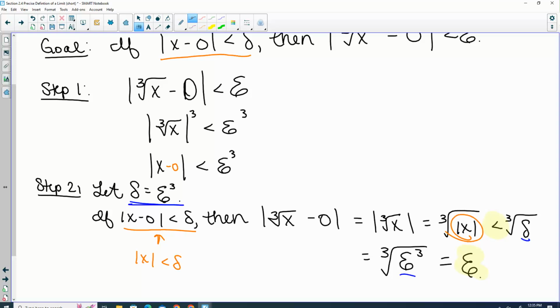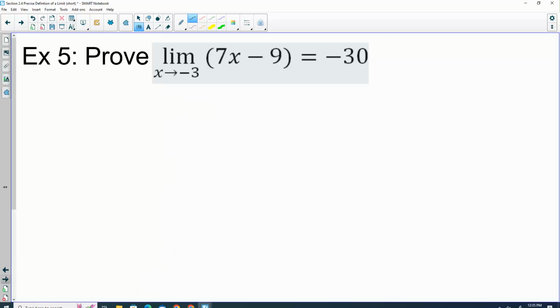Other questions here? Alright, let's do another one. So I am trying to prove that this limit is equal to -3. So we write our goal. What is the goal?